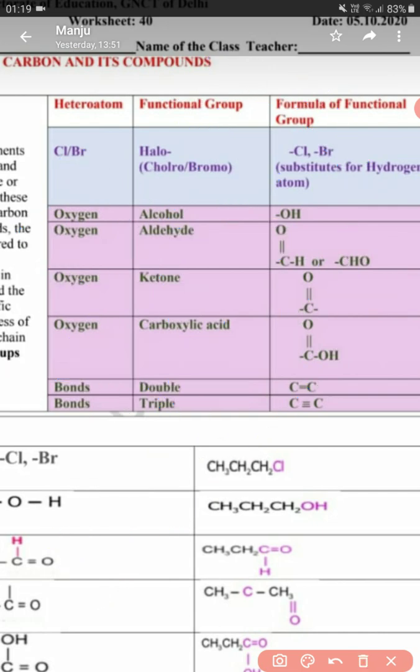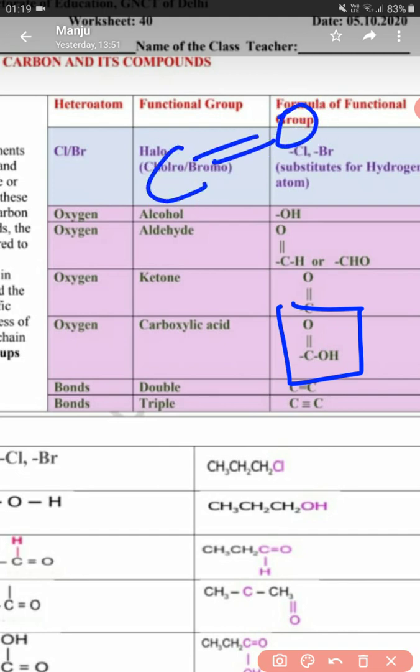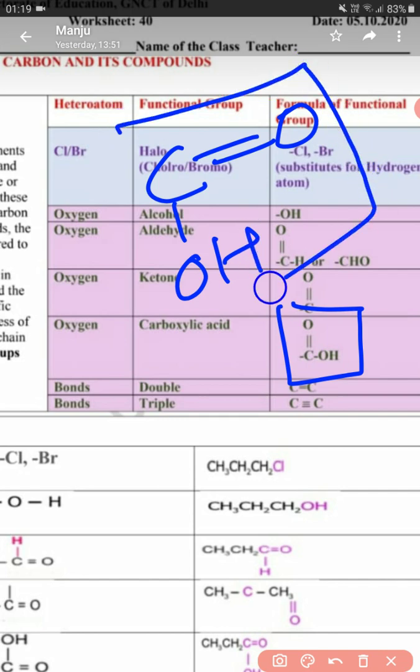So after ketones, next is carboxylic acid. The functional group of carboxylic acid is C double bond O and OH. So never confuse this with ketonic group. This double bond O and OH is present on the same carbon atom. Now we will write the examples.